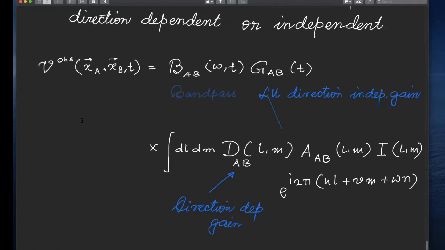The reason is that there is some time correlation of each of these gain terms. There should be a function of time over here. I'm sorry, I forgot to write that down. But there is a time correlation of each of these gain terms, which means I can write down a function of time, but that function depends on different antennas.